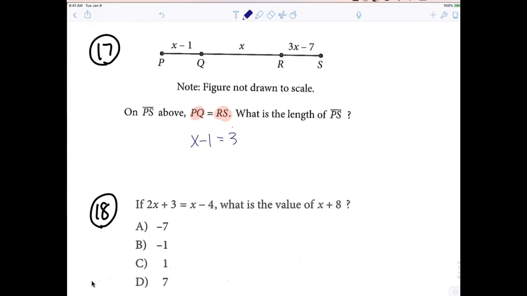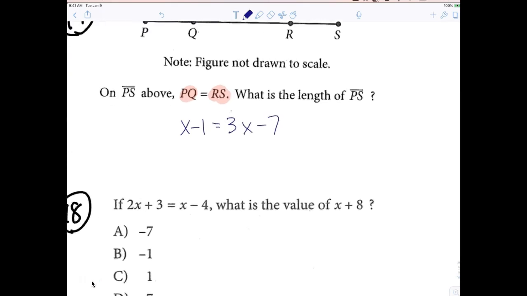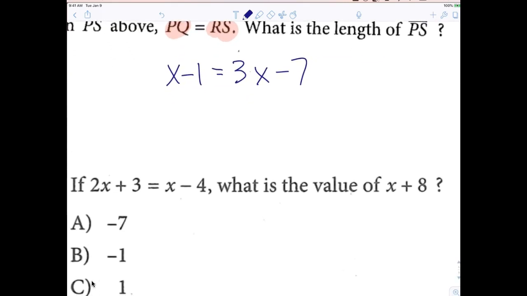Very, very good, girl. 3x minus 7. Okay, so now we just have to remember back a couple days. How do we solve this? Walk me through it. Very, very good.